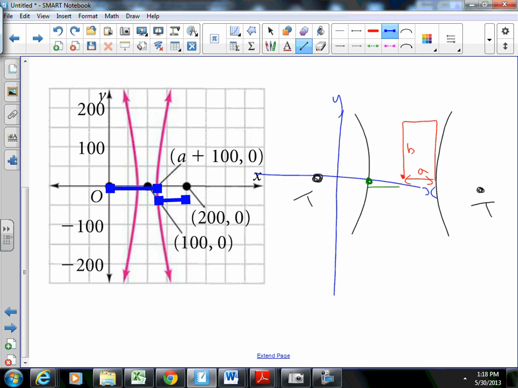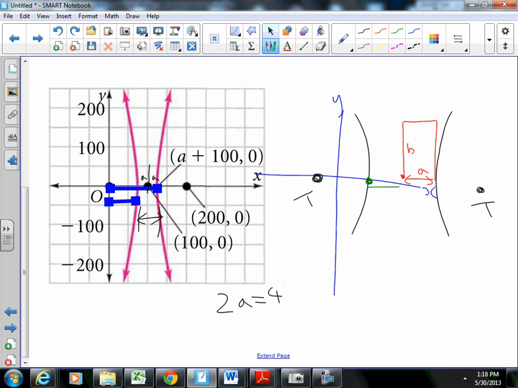If I rearrange it a little bit, that gives us this distance in between here. We know that distance is 48 because it told us that it was 48 miles closer. Really, when we look at a hyperbola, we're talking about A and A here, and so basically we know that 2A equals 48.